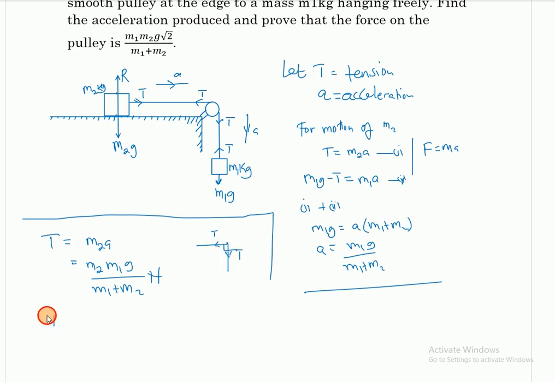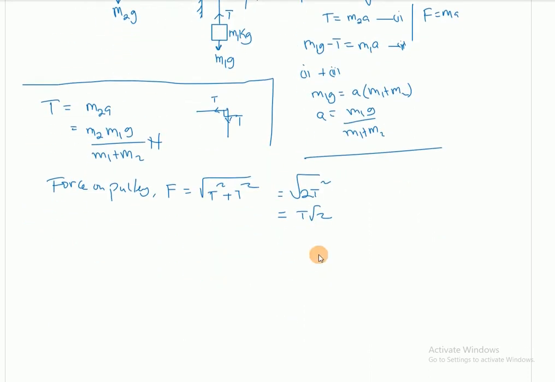So the force on the pulley, let me call it F, is equal to square root of T squared plus T squared, which is equal to square root of 2T squared, and is equal to T square root of 2. So we have T times root 2.